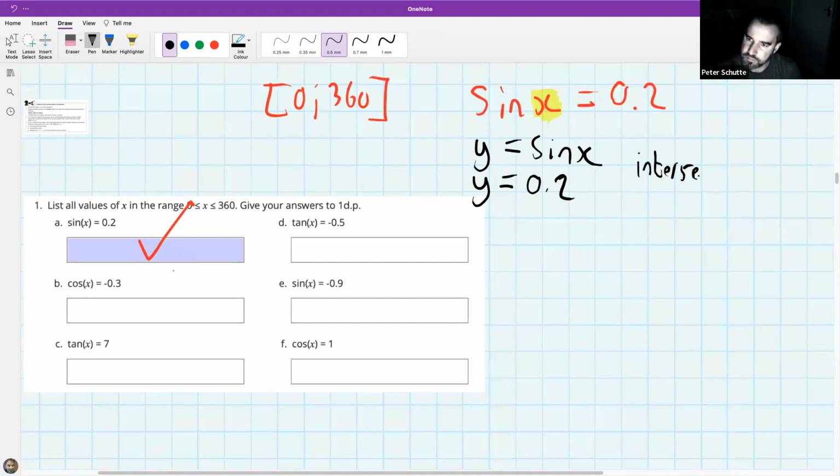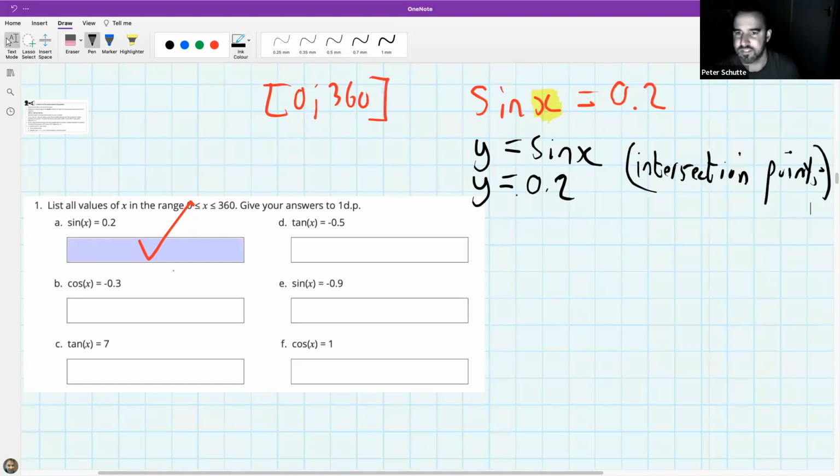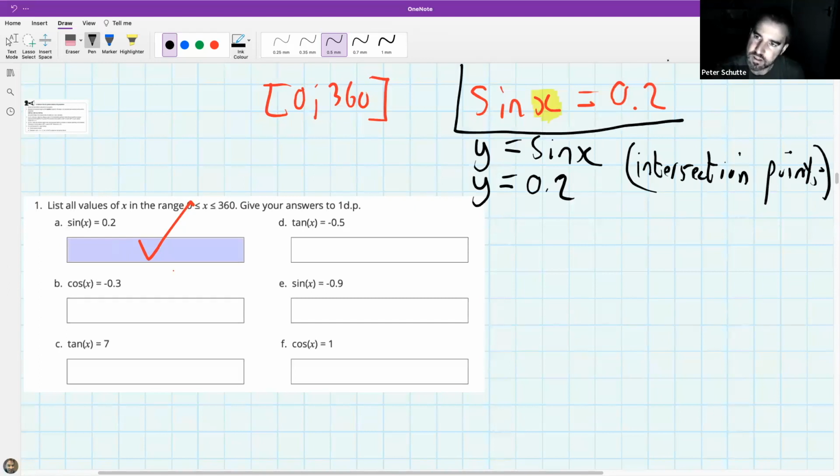Because whenever we want to find intersection points between two functions, we just make them equal to each other. So take a moment and give me a thumbs up if you understand that solving this equation is the same as finding the intersection points between the graph y equals sine x and the graph y equals 0.2.